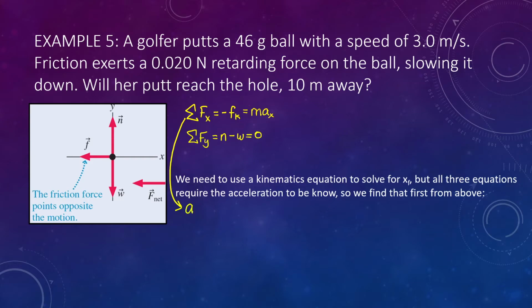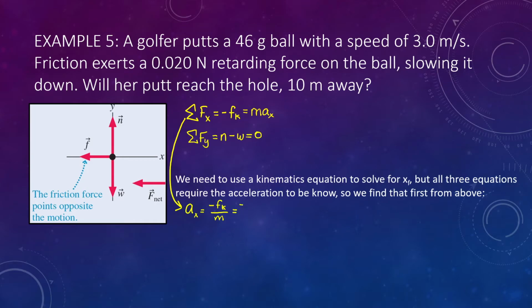Based on that equation, the acceleration is going to equal the negative kinetic friction divided by the mass. Right? All I did was divide mass to the other side. We know both of these values, keeping in mind that mass should be in kilograms.